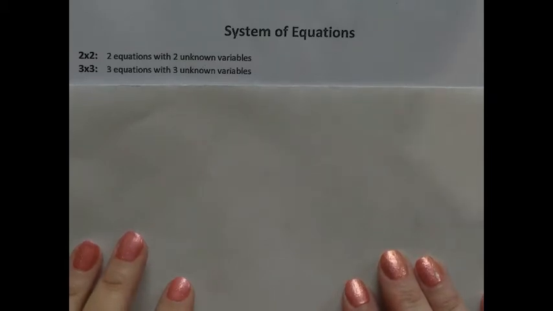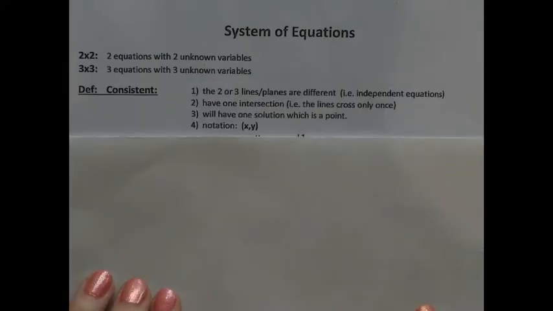We're now going to talk about systems of equations. We can talk about a 2 by 2, which is two equations with two unknown variables. We have a 3 by 3, which is three equations with three unknown variables. This is just what we call it for short. The first system that I'm going to talk about is a consistent system.